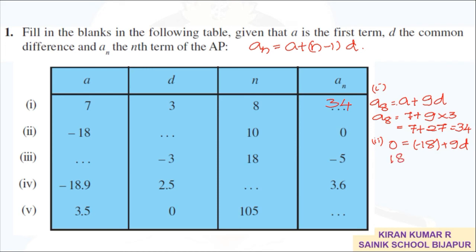So positive 18 will be equal to 9d. So d will be positive 2. So the common difference is positive 2. In the next one, we need to find the first term.